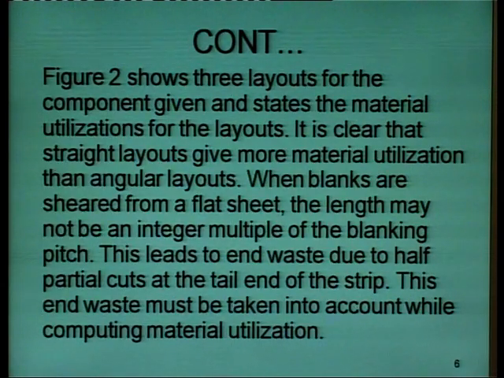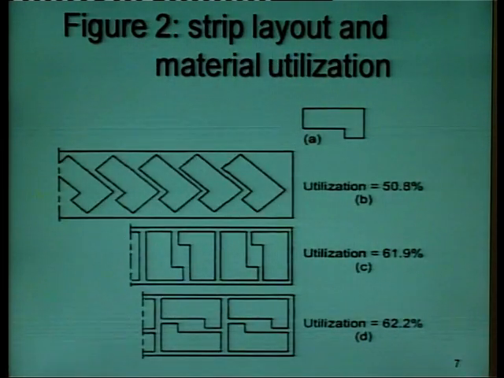Because we have to consider this end wastage, it must be taken into account while computing the material utilization. As shown in the figure, the straight layout gives more material utilization compared to the angular layout. In the angular case it is 50.8%, while in the straight layout it is 61.9% and 62.2%.